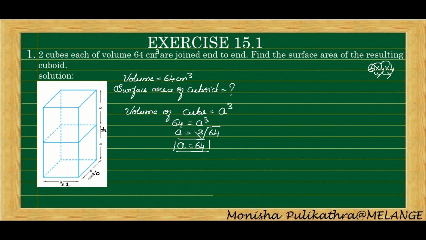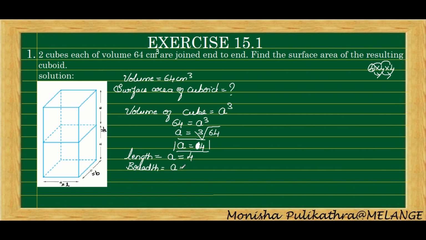Here the length, breadth and height are given. The length is equal to A, which is equal to 4, not 64. Next is breadth.